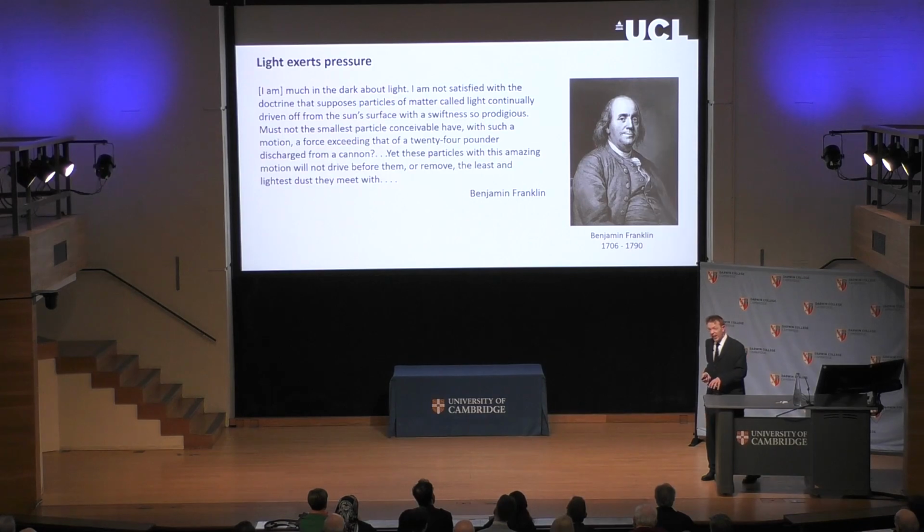And in fact, the lack of any effect was taken by Thomas Young, because certainly the physicists amongst us will know of Thomas Young from his famous Young's double-slit experiment, that demonstrates the wave nature of light. Thomas Young took the lack of any observed effect of light on small dust particles as being supporting evidence for his wave theory.